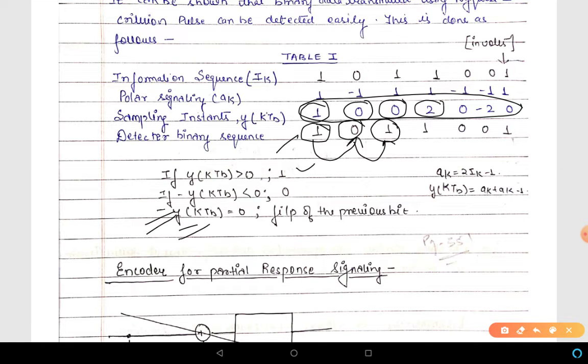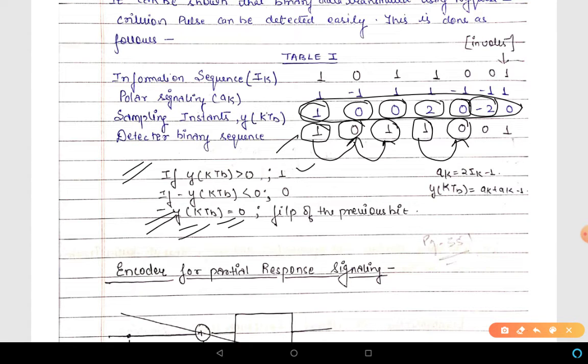Now my current sample value is 2, which means I am in case 1, so my detected bit is 1. Now my current sample value is 0, which means case 3, so my current detected bit will be the reverse of the previous bit. The previous bit was 1, so now my current detected bit will be 0.